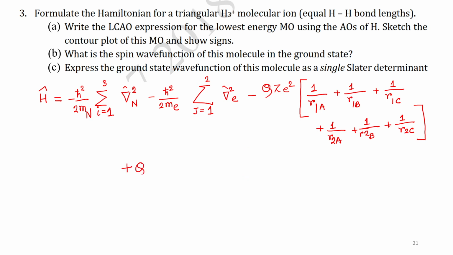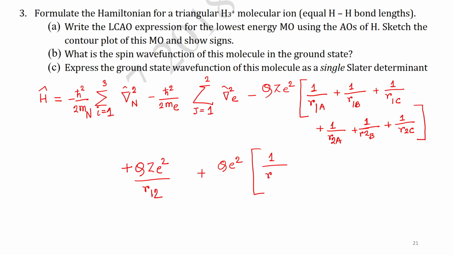Then I have repulsive terms, right? Between the electrons, that is only one, that is R12. That is repulsive. And I am going to have a repulsion between the nuclei, right?